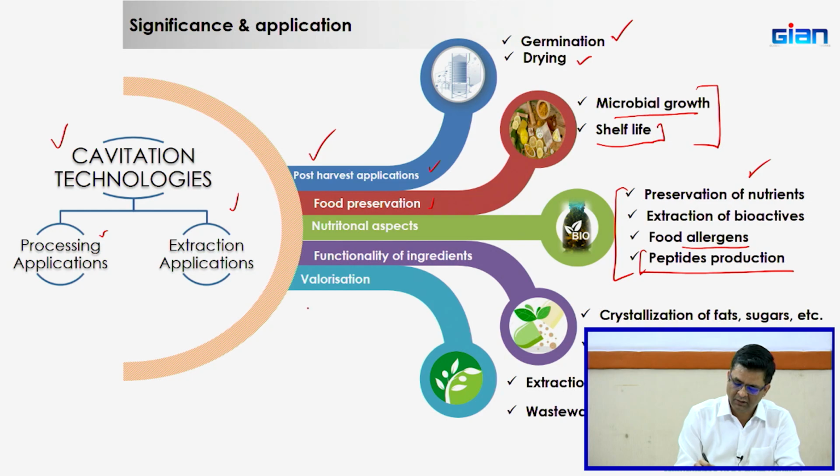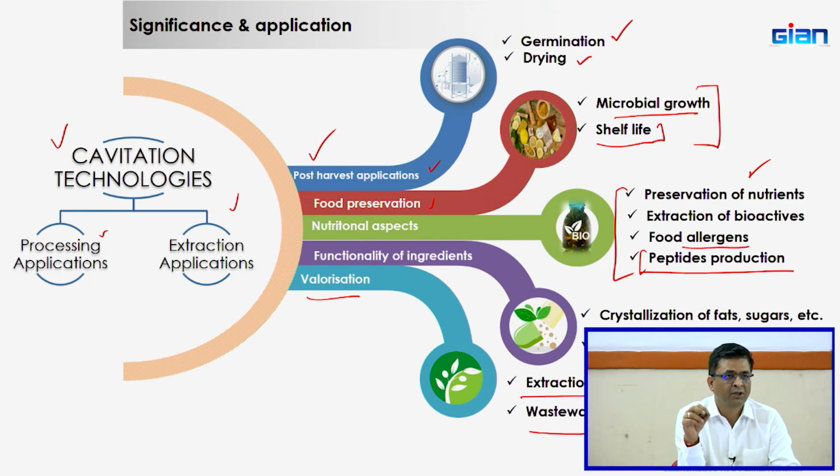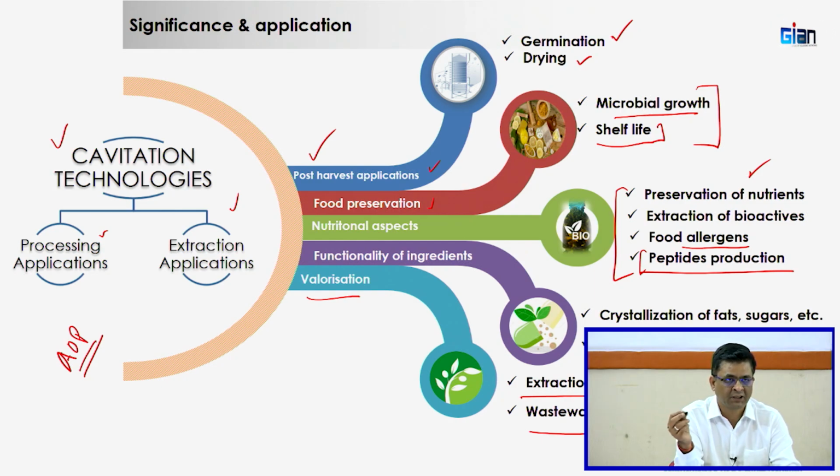The other one is valorization. Extraction of high value ingredients, wastewater treatment, that means again breaking down of dissolved solids and reduction in BOD and COD. If we use cavitation along with ozone or with plasma, we also can achieve advanced oxidation processes, that is cavitation will help in diffusion of those ionic species into the matrix and enhances the distribution.